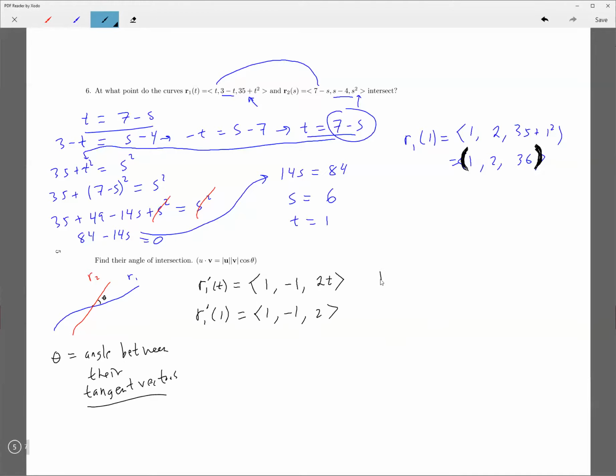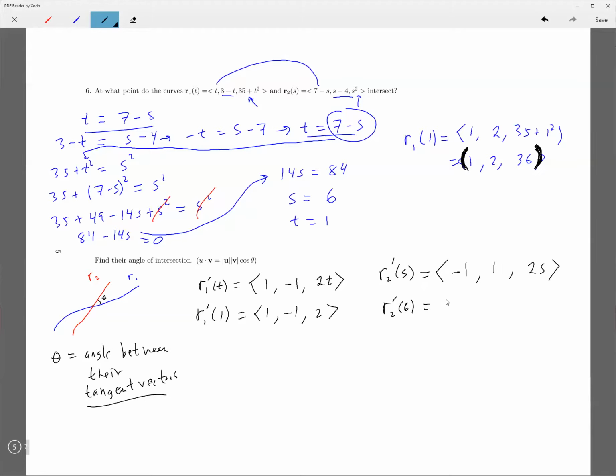Okay, and in the meantime, we have the derivative of the second one, which is what? That one is -1, comma 1, comma 2s, but then you put a 6 in and it becomes 12.